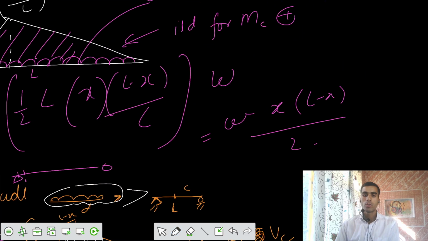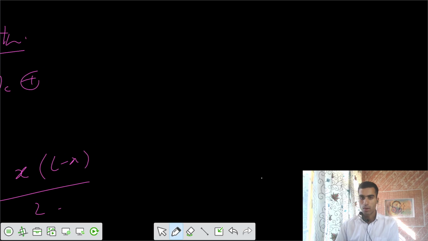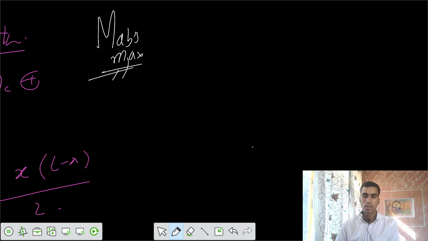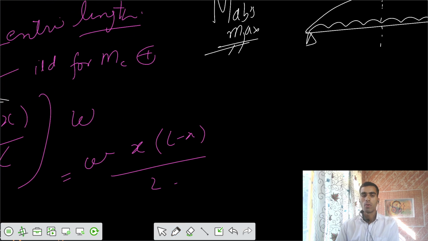And if I substitute, what should the maximum absolute value we can have for the bending moment? If I calculate M absolute, the maximum anywhere on the beam, I would say at the midspan we can have the maximum ordinate. Do you know what's the maximum ordinate for a beam subjected to UDL for the entire length? WL square by 8. I want to see whether this equation gives the same value.